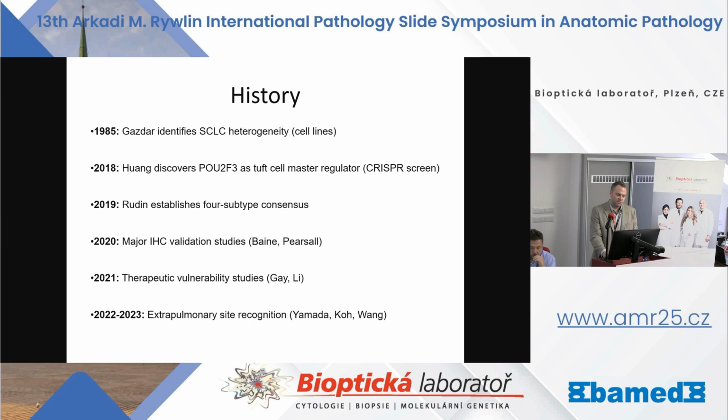But then it wasn't until 2018 that Wang et al. did CRISPR screening and discovered the POU2F3 was a tuft cell master regulator in these neuroendocrine negative small cell carcinomas. And then they mapped out those four consensus subtypes I was mentioning before, and then there was a more careful IHC morphology validation in 2020.